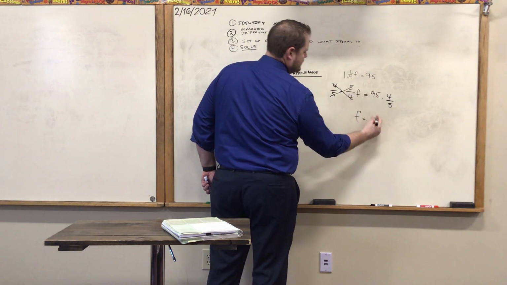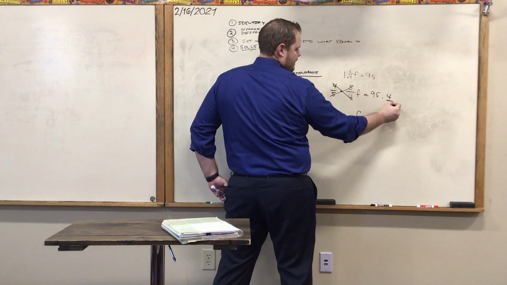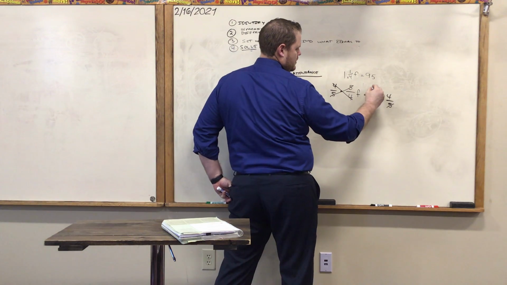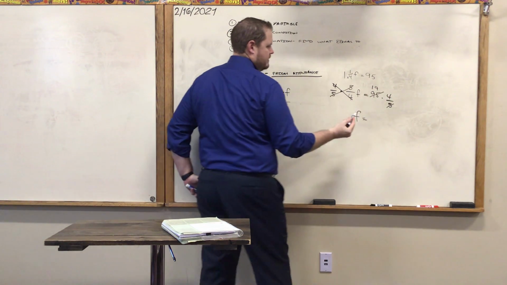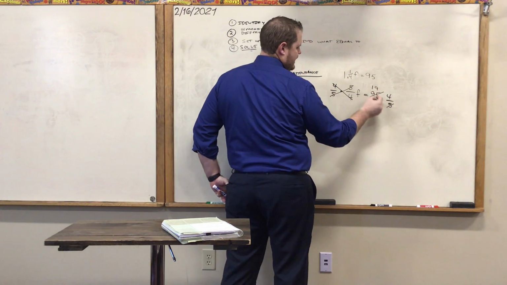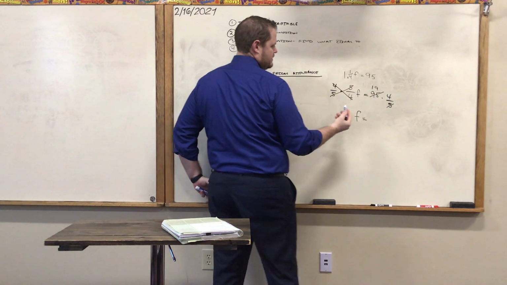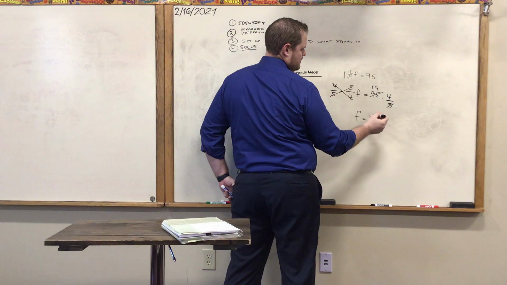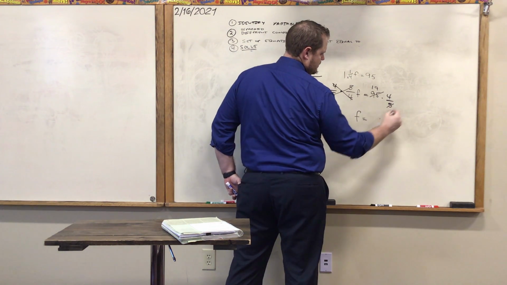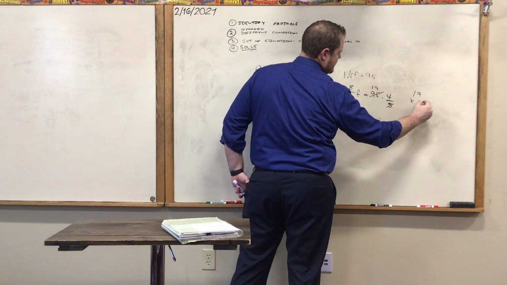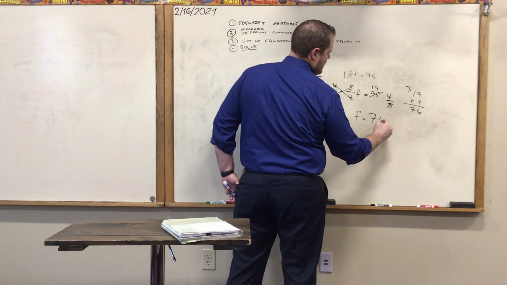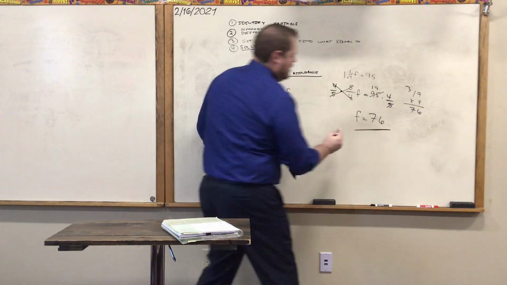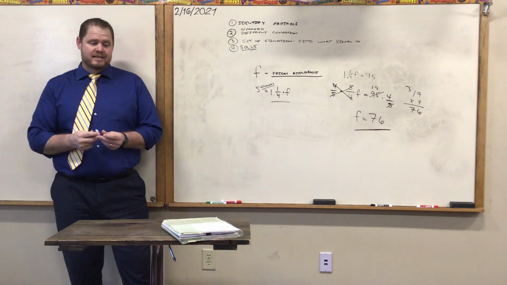F equals 95 divided by 5 is 19, times 4. We do the math over here so you can see it: 76. So F is what? Our Friday night attendance.